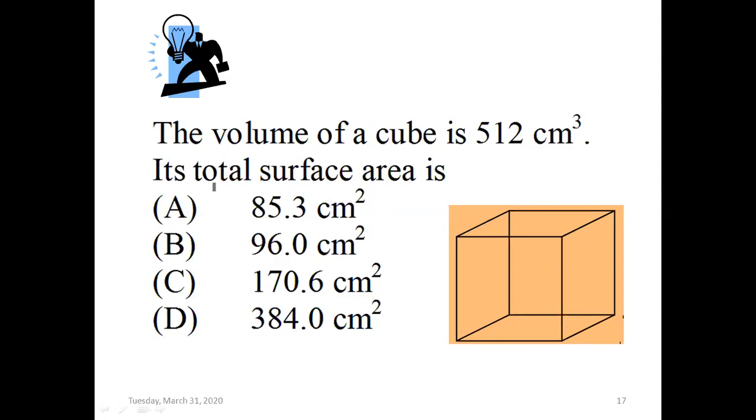Well, I know they're asking for the total surface area. Let me ask you a question. If the volume of this cube is 512, what will be the length of one side? In other words, give me a number so that when you multiply it 3 times by itself, you get 512. What's that number?